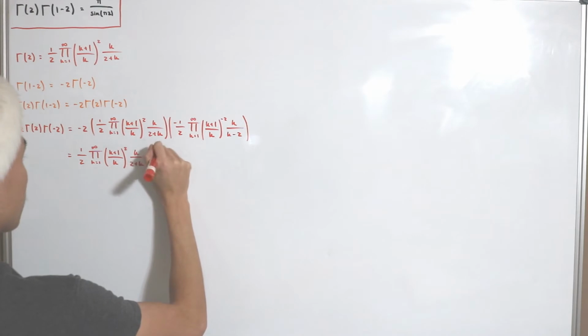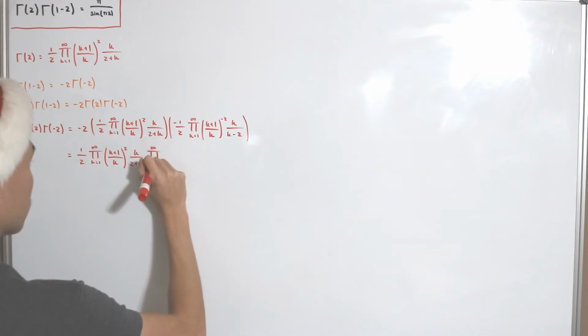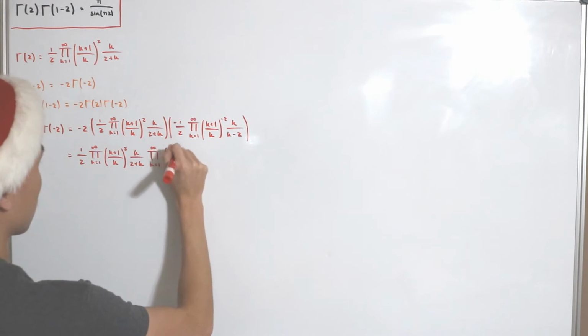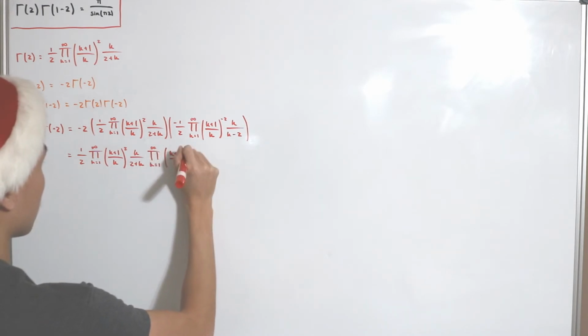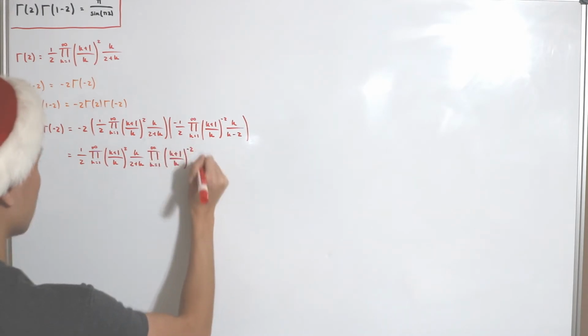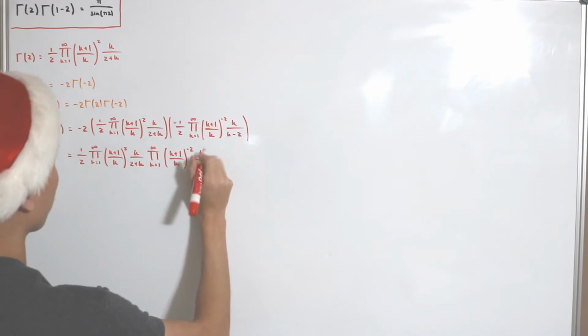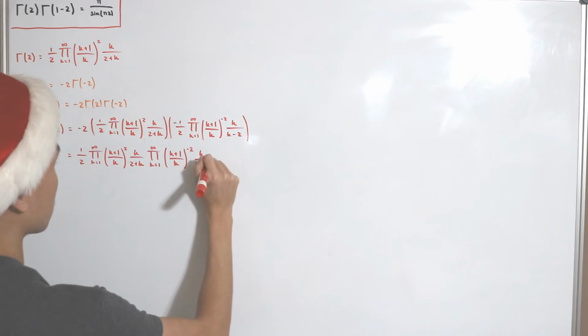Then multiply with our infinite product, (k plus 1) divided by k to the power negative z, and then k divided by k minus z.